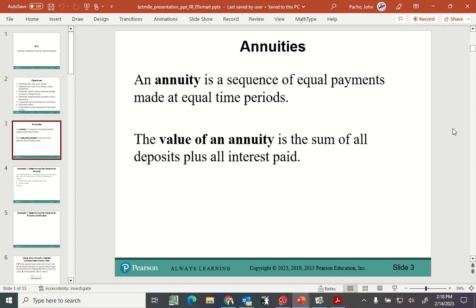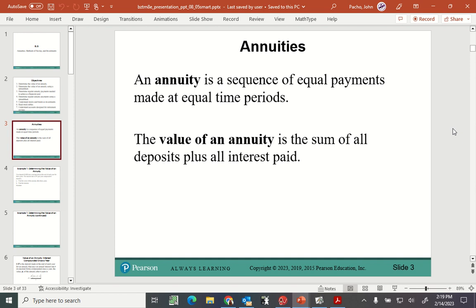So the value of annuity is your future value, FV, if you're using the calculator. Write that down. I'm going to go step by step to get to that in a second. That's going to lead us up to our example 1.